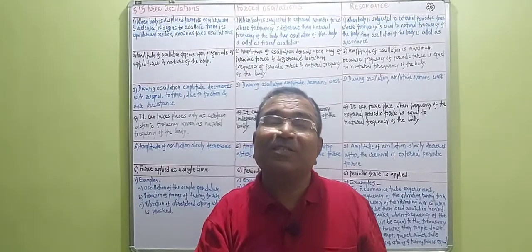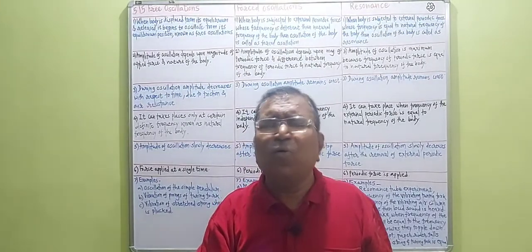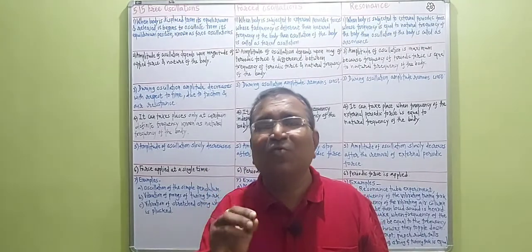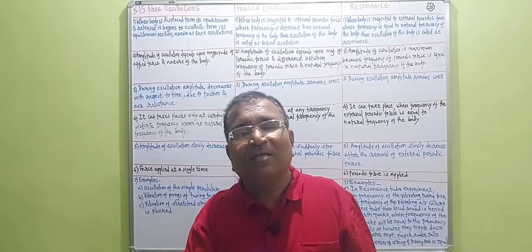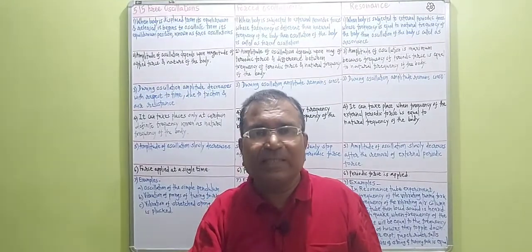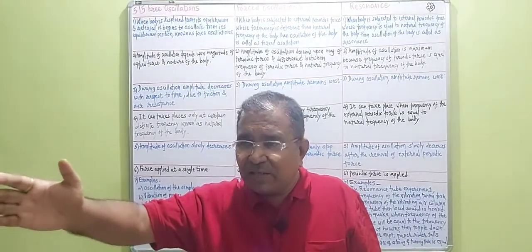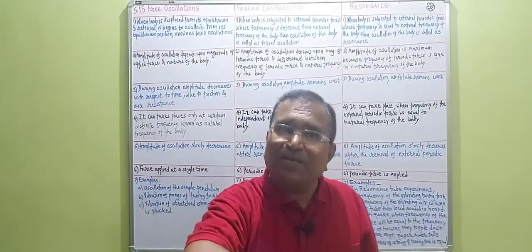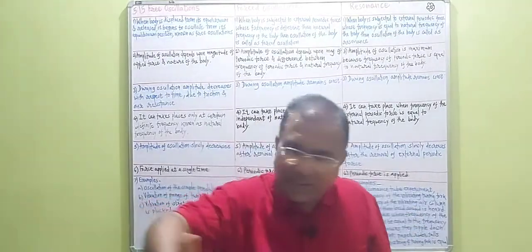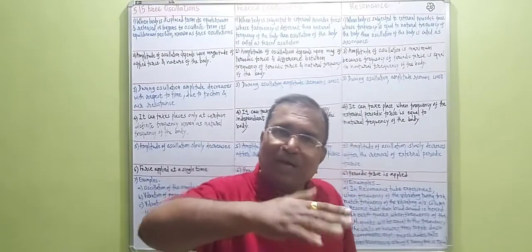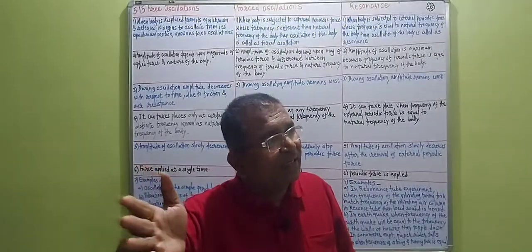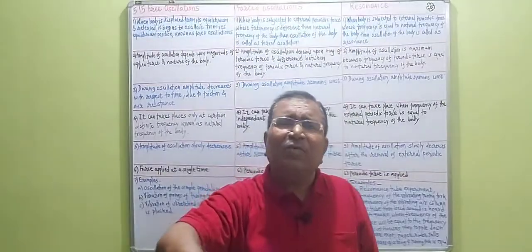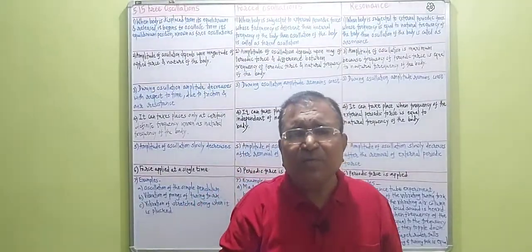Such a vibration is called forced oscillation or forced vibration. Another example: when a train is running near the platform, the platform starts vibrating. But as soon as the train runs away, the vibration of the platform stops.